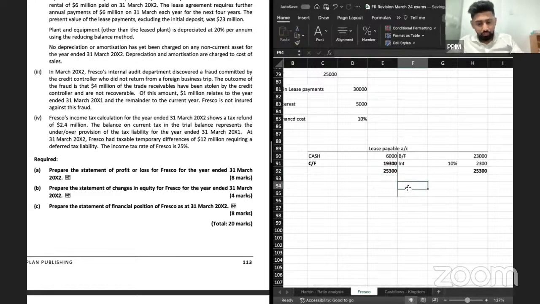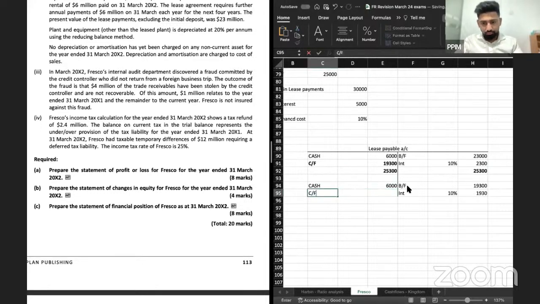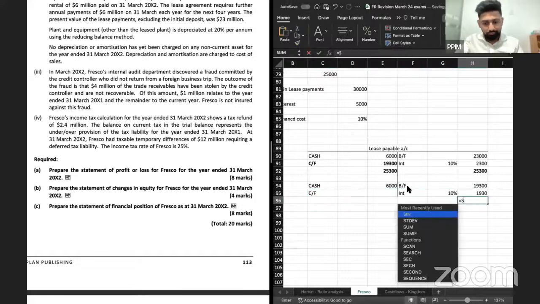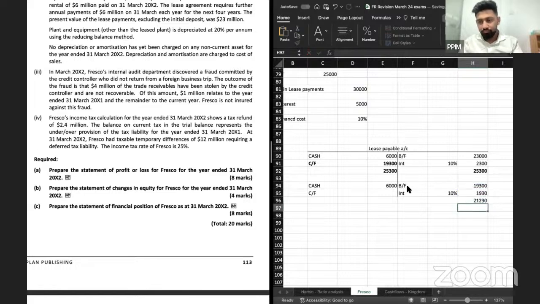So you have brought forward 19,300. Your interest copy paste is going to be this. For the second year, 1,930. You're going to pay cash of 6,000. Your carried forward will be 21,230.